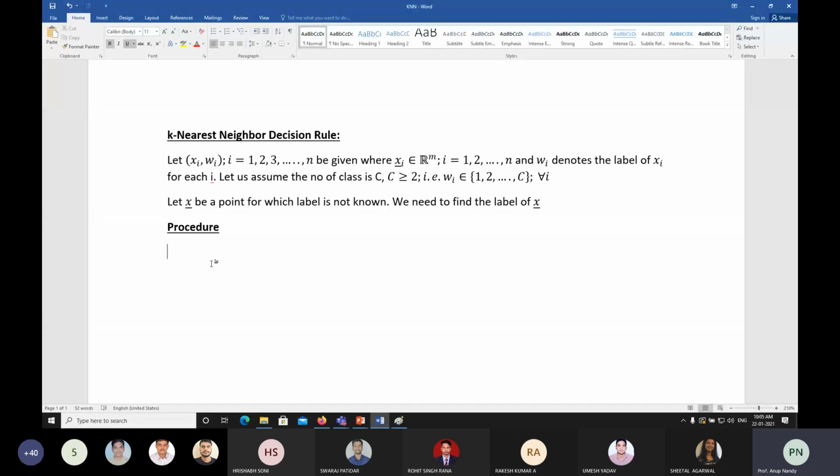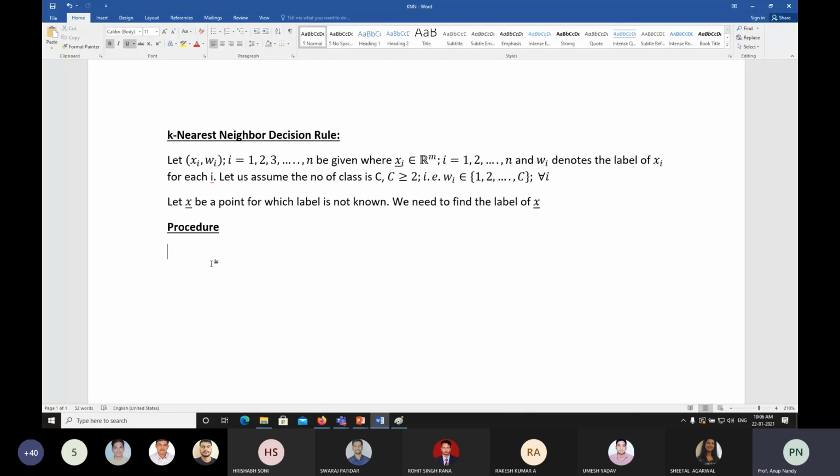This will be given to you, and wi denotes the label of xi, meaning the class label. So x1 is a representative of class W1, x2 is a representative of W2, and so on.